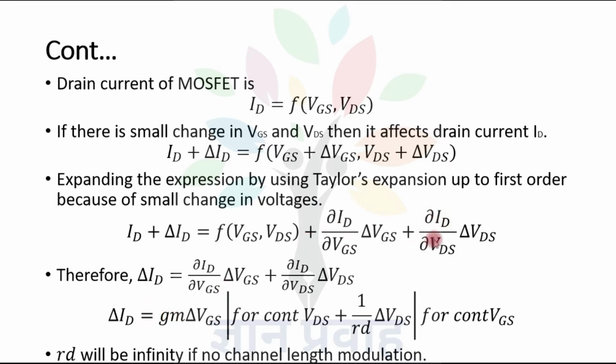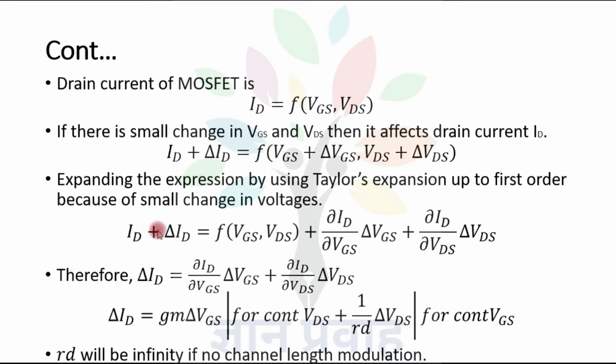Plus delta ID upon delta VDS times the small change in VDS. Delta ID upon delta VDS is nothing but 1 upon rd, where rd is the drain resistance. The first component is at constant VGS DC voltage, and this component is at constant VDS DC voltage. Therefore, f of VGS, VDS is nothing but ID.